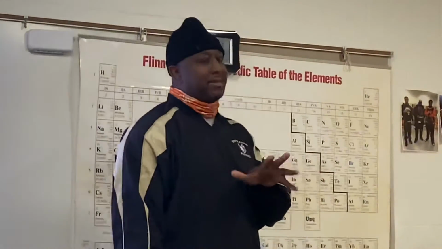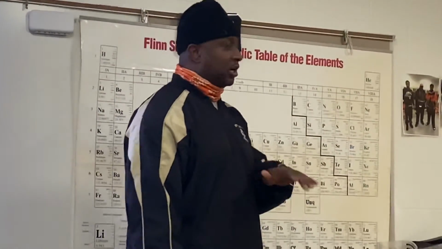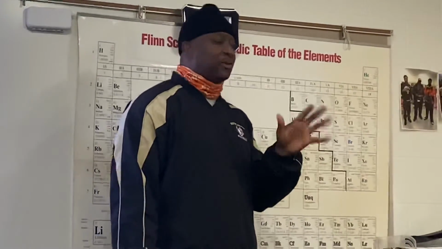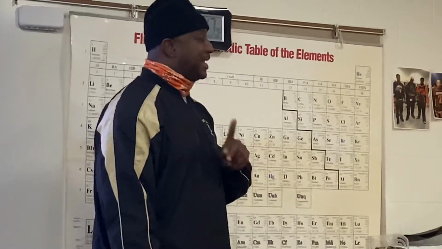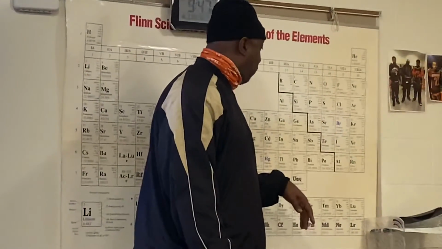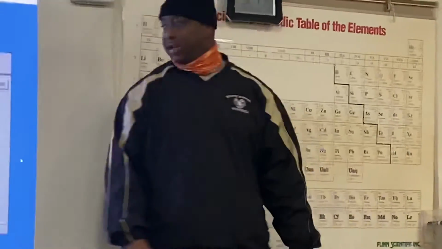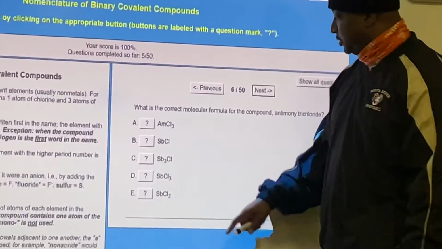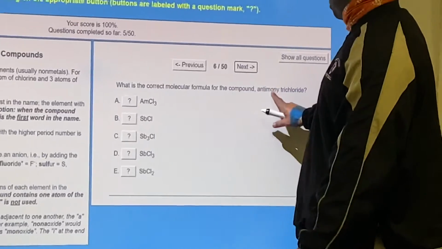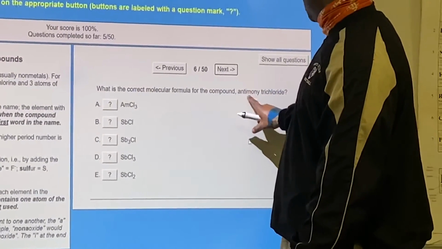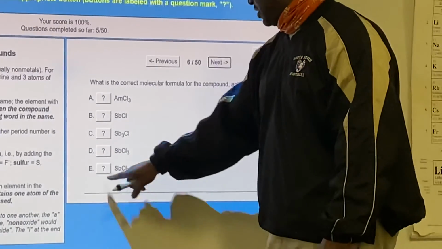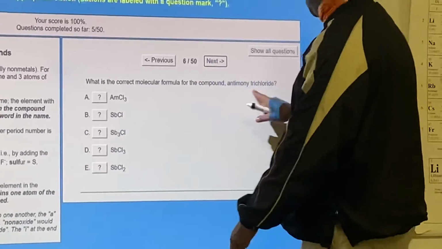It's what we call a metalloid or semiconductor, which by rule we name as if it is a non-metal, because it is not a metal. Okay, same is true with germanium. All right, so antimony is Sb. So I know I better have Sb. There's 4 of them with Sb, but there only better be one Sb because it says antimony with no prefix. So that could be it, that one, or that one. That one's out. Antimony trichloride.